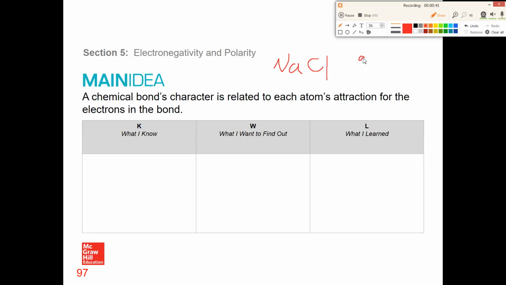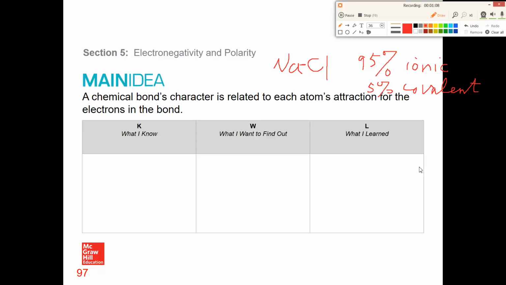Maybe, I don't know the exact number, 95% ionic and 5% covalent. So basically, it's not pure ionic. It's just that the majority character of this bond is ionic.